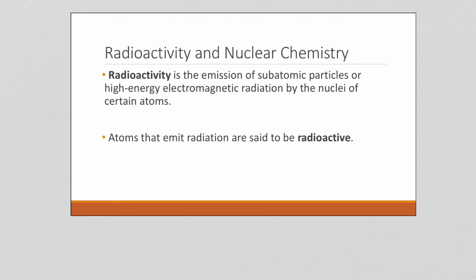It is giving off these subatomic particles and high-energy electromagnetic radiation. One thing to get clear right at the beginning is that exposure to radiation does not make something radioactive. You cannot become radioactive. You have to contain radioactive elements in order for that to happen.